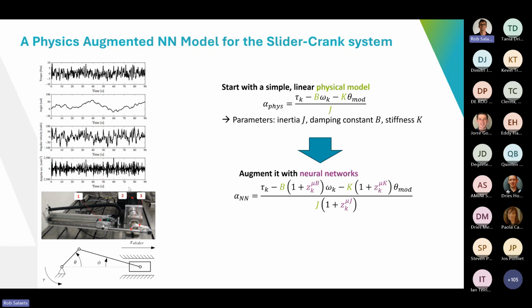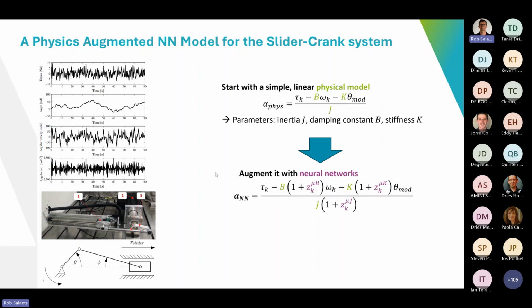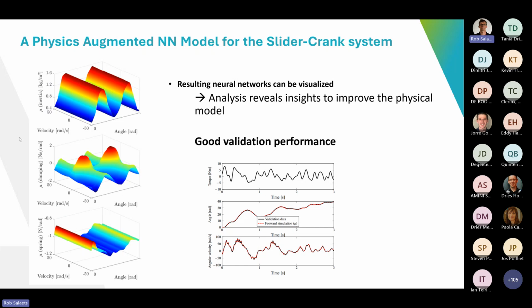And then we can do a training run and out come some maps that say for each parameter how it should be, not just a constant value. So it makes it a nonlinear model. And then you can analyze these maps to see, okay, how can we now capture this with physics and improve our physical model again? We see that we have actually a good performance, so it can predict quite well, given the torque, what the angle and the angular velocity will be.